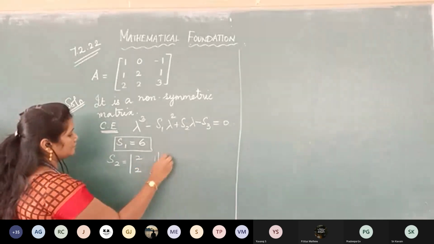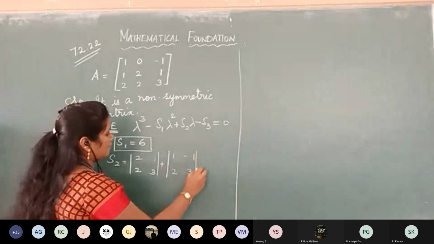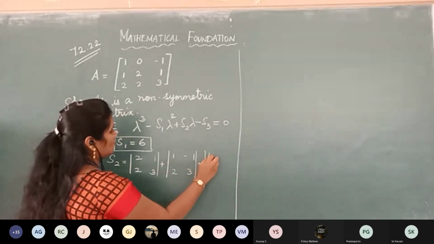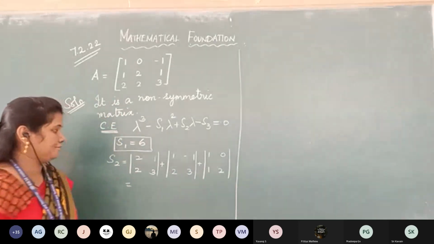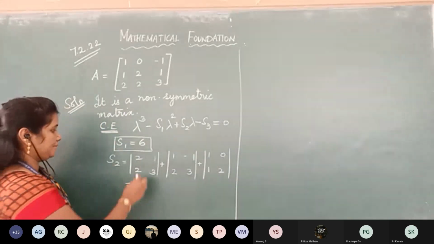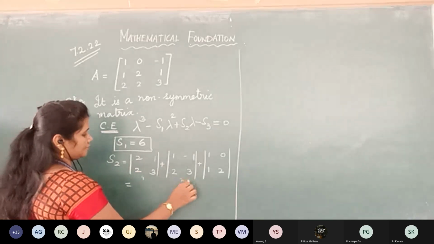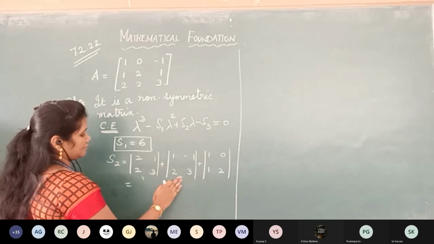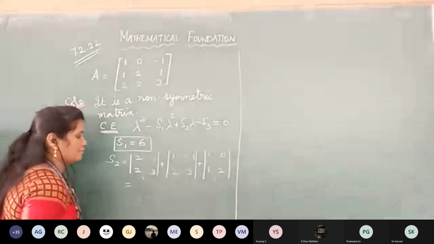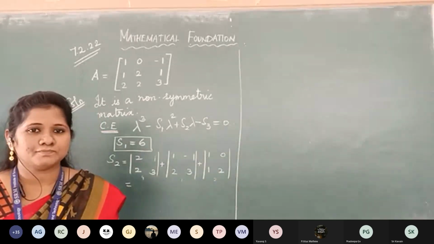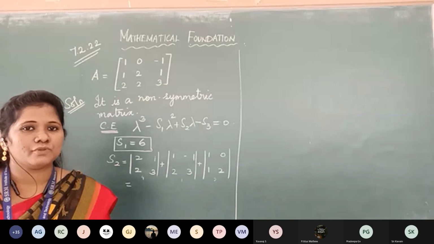Find out. What is your S2? S2 is the sum of the minors of the main diagonal elements.